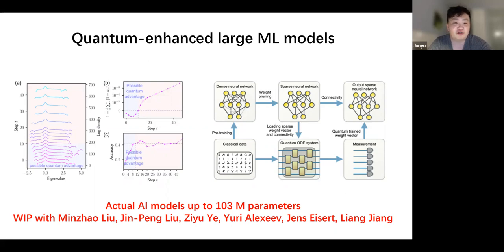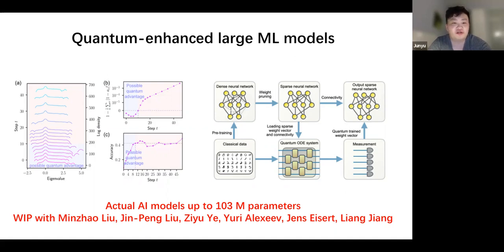We are trying to identify some AI models up to 100 million parameters, which is relatively huge for a vision model, because we are actually using a computational vision model, not a language model. 100 million is the maximum number of parameters we are able to handle based on our computational resources.